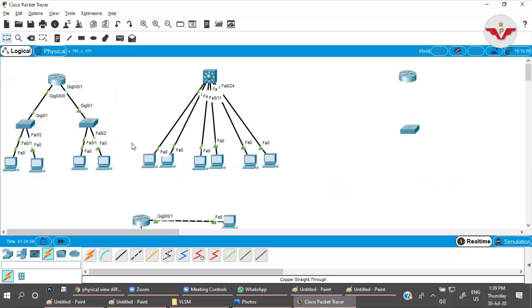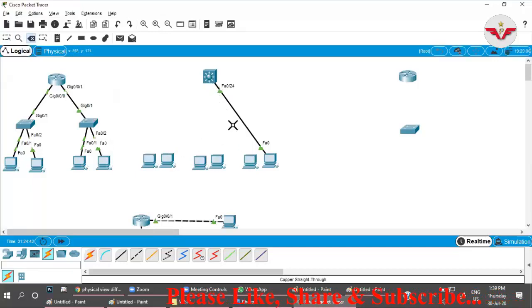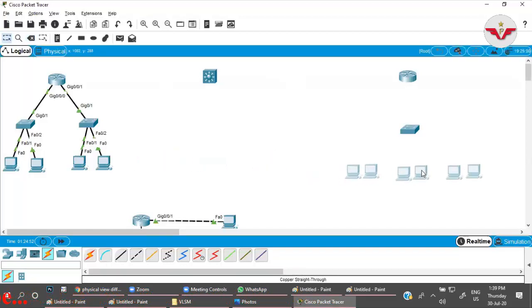So I am taking these PCs only because the IP is already configured in them. I am disconnecting these PCs from this switch, and now my network is changed. I'm going to configure this network here.